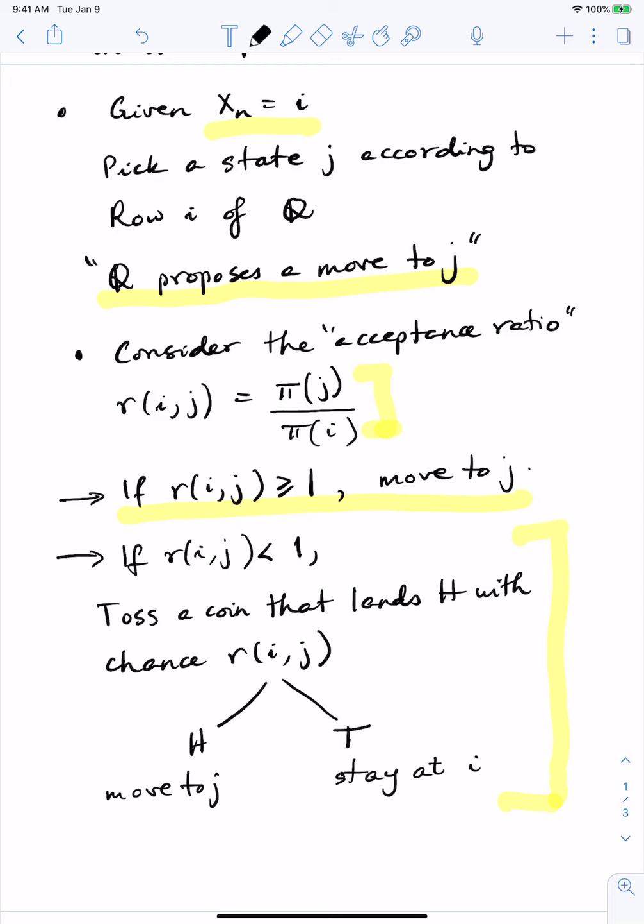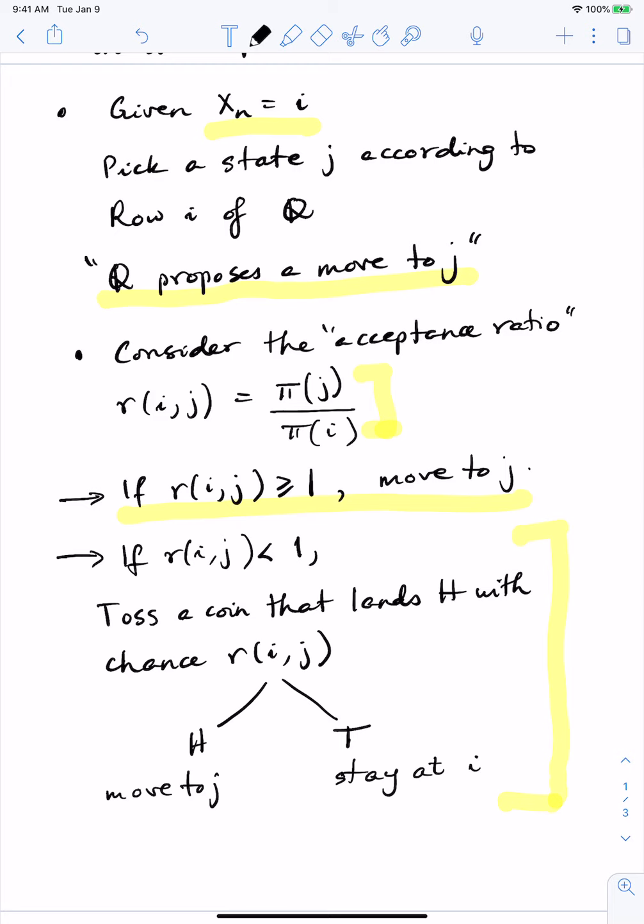It is a very, very simple algorithm which starts with any transition matrix Q at all, as long as it's irreducible and symmetric, and then uses that and a comparison of the scores of two states with this additional coin tossing randomization to make the decision whether you move or not.